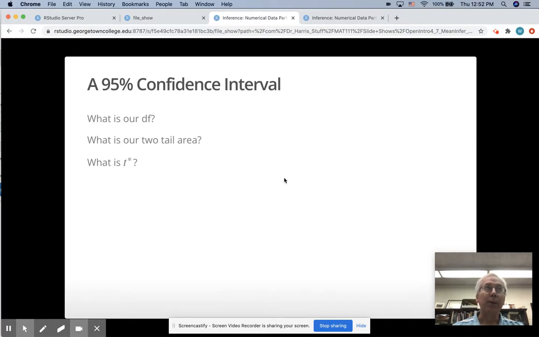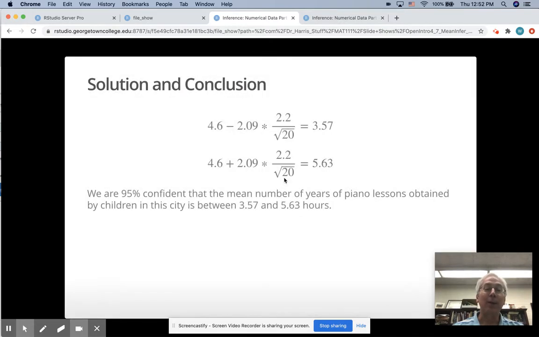So we know that X bar was 4.6, S was 2.2, N is 20, T star is 2.09. And so we can put that all together. The low end point of our confidence interval is going to be the sample mean, 4.6, minus our multiplier, 2.09, times the sample standard deviation, S, divided by the square root of the sample size, 2.2 over the square root of 20.